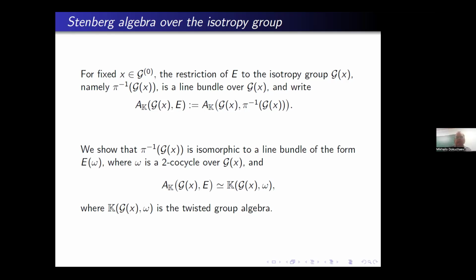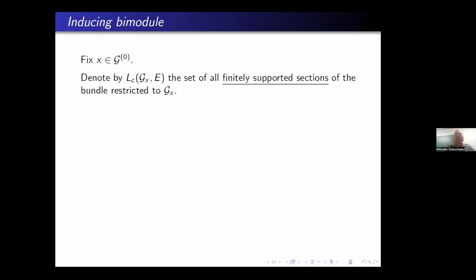So the idea now is to work between modules over the Steinberg algebra and this twisted group algebra. We will induce modules, and for this we need a bimodule. So we have a fixed element of the unit space.